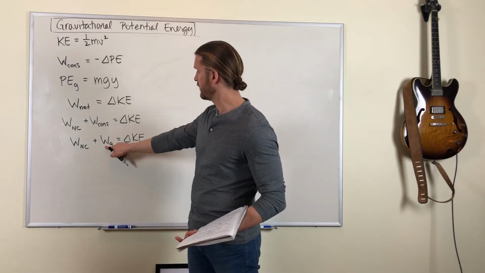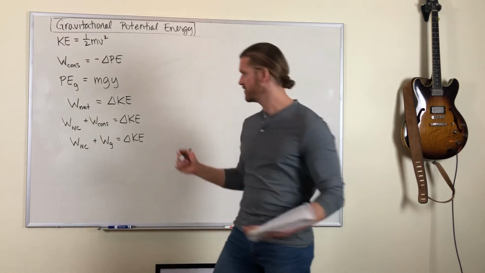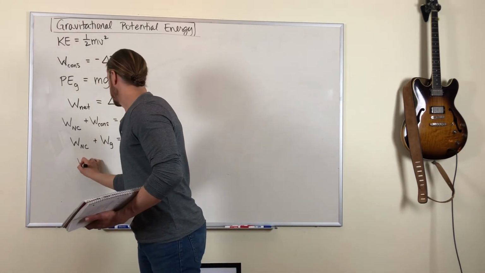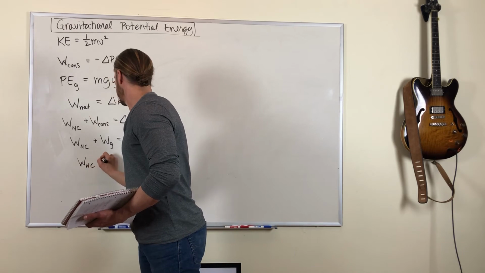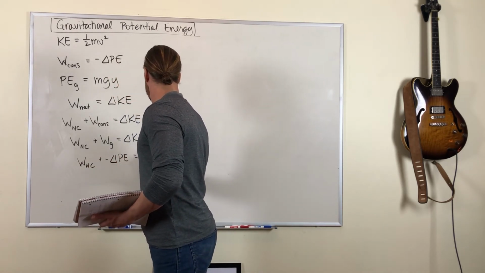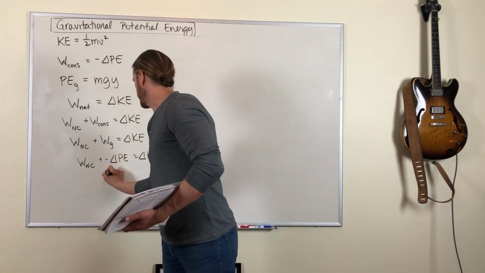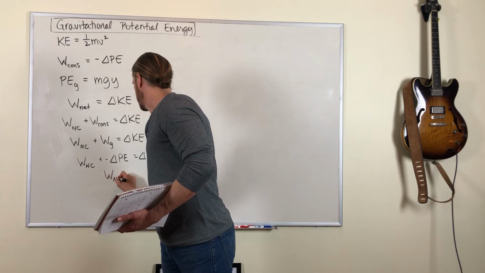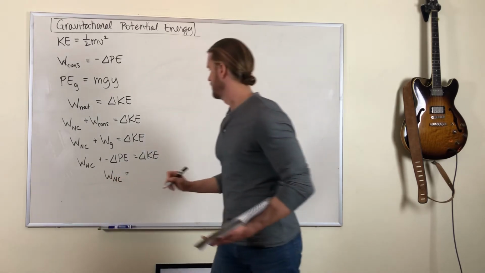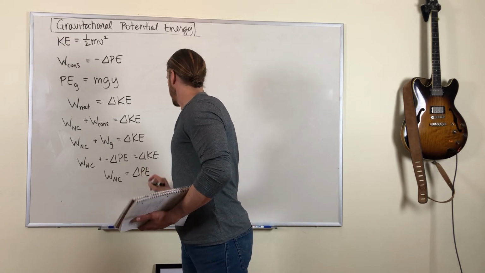But we can replace this work done by our conservative gravity force with minus the change in potential energy, and one step of algebra gives us a more complete version of the work-energy theorem.